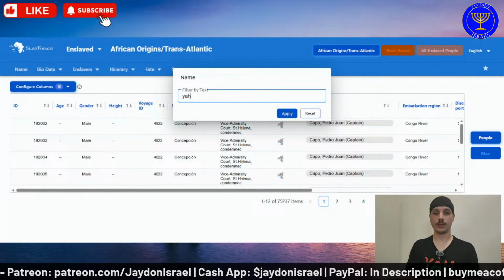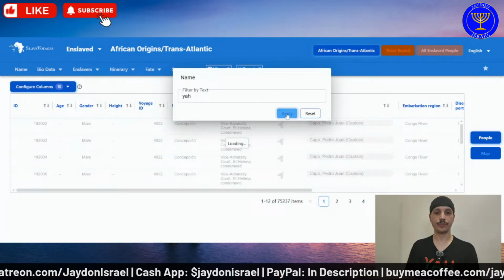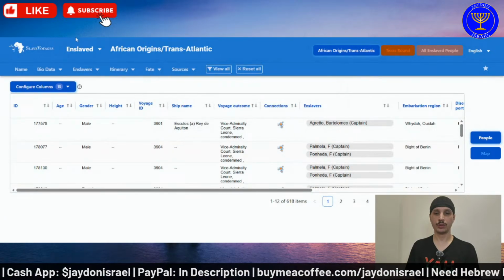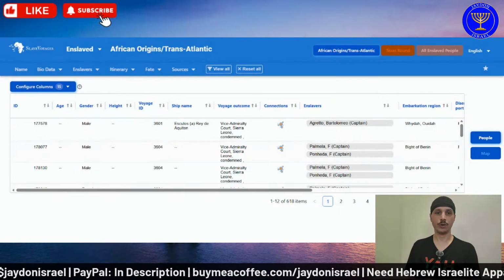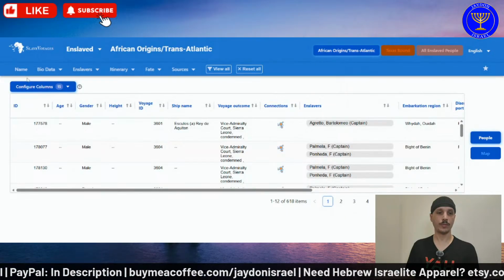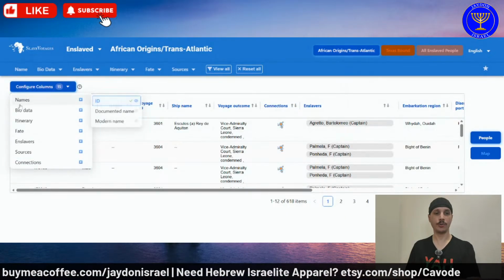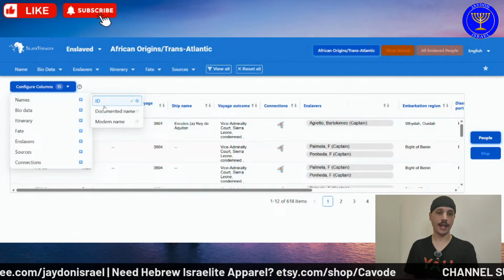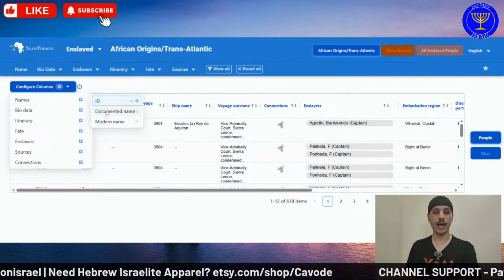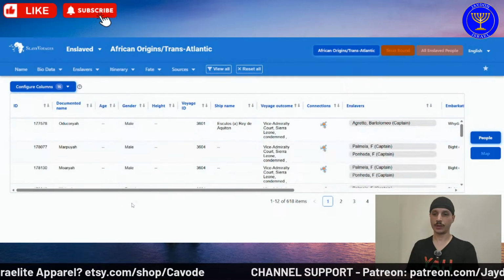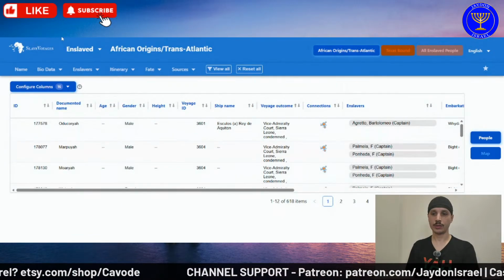We're going to type in Yah. And then you want to go to where it says configure columns right here. Go to names. It has it by ID. Now we're going to put documented name, just like that.